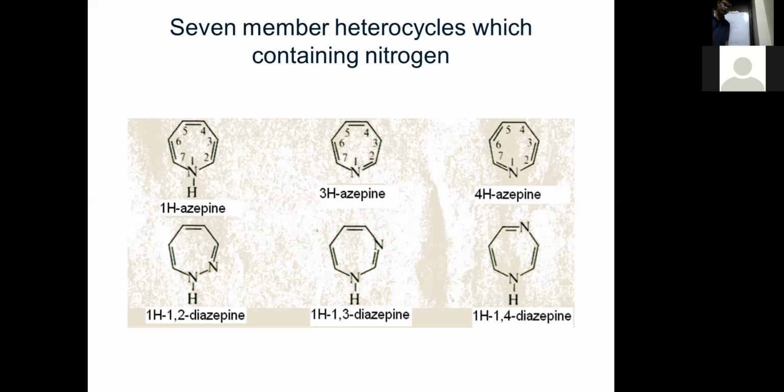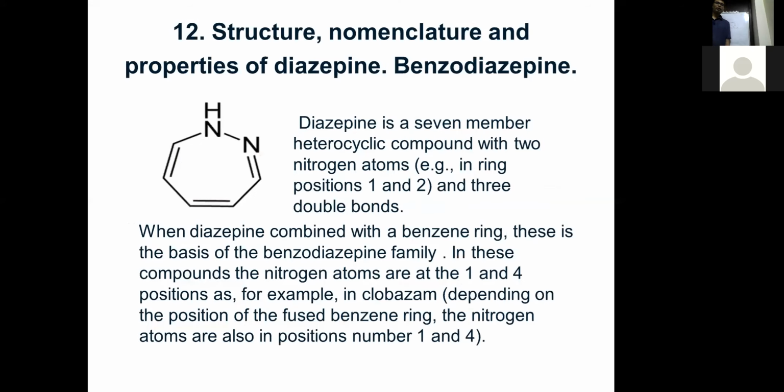Okay. Now, what is the next thing? Depending upon the position, 1,2, 1,3, 1,4, 1,5, the diazepine can be combined with the benzene ring. So if the benzene is fused to your diazepine, these are known as the benzodiazepine family.